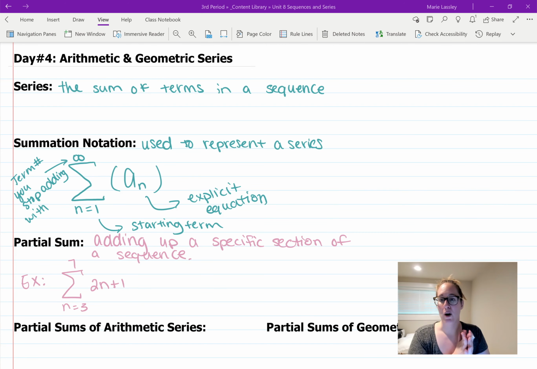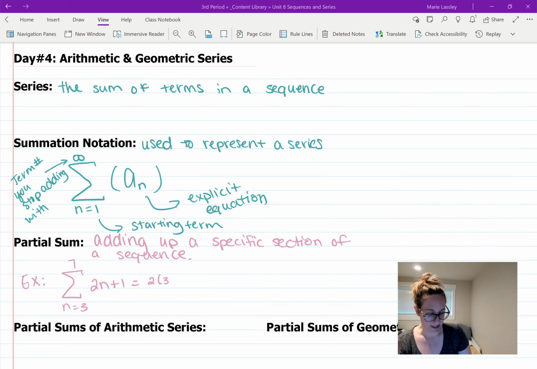So this is what's called a partial sum. We start by plugging in the n values. If we're starting with 3, that's the first n that we plug in. So 2 times 3 plus 1.